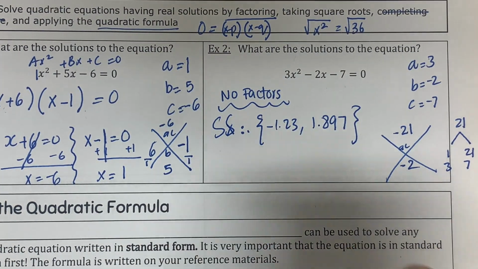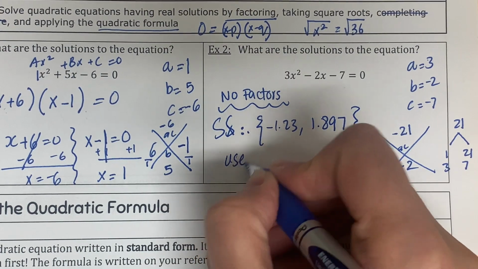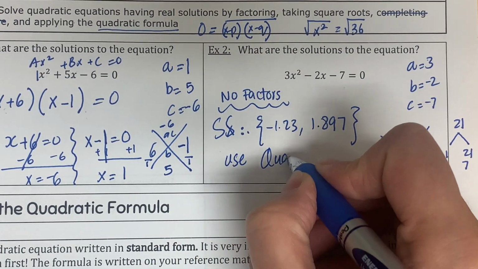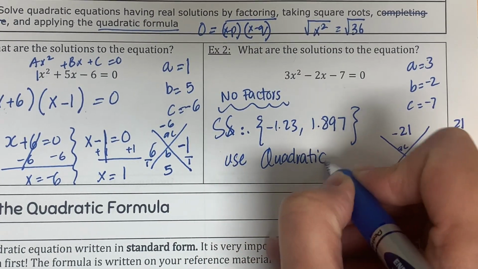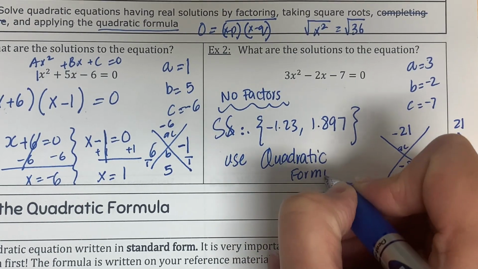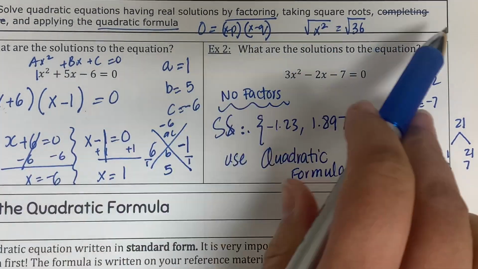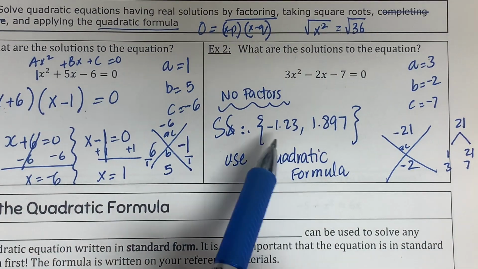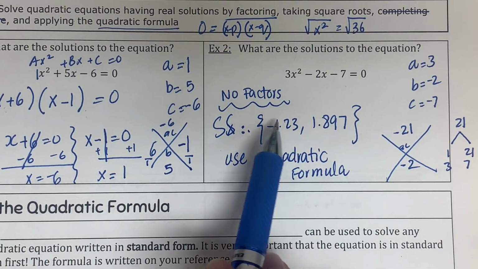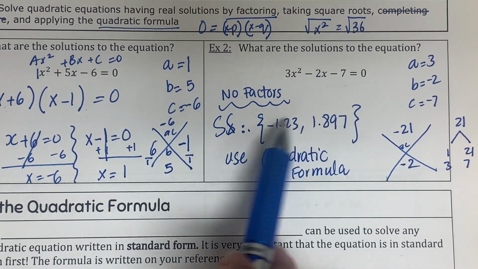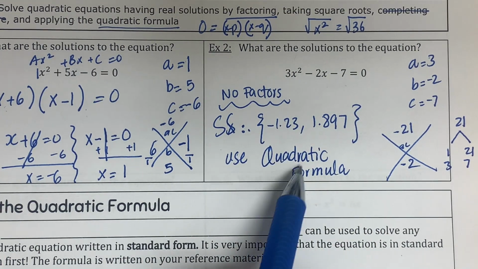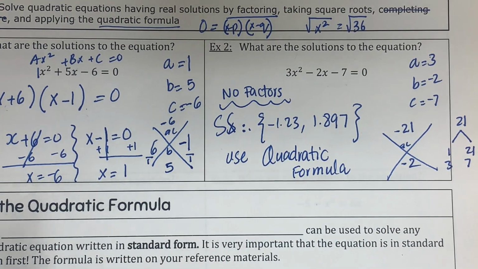How did you end up getting those? In this situation, you use the quadratic formula, because there's no way in the world I was able to do the square root method or completing the square method to get those decimals. If I have these crazy decimals as my x-intercepts, it has to be from the quadratic formula.